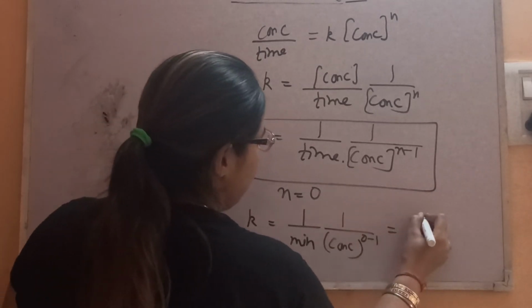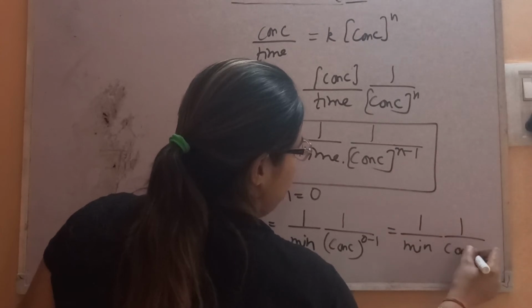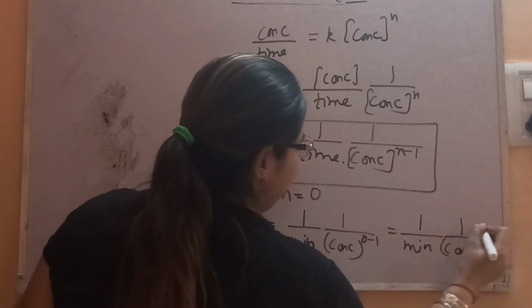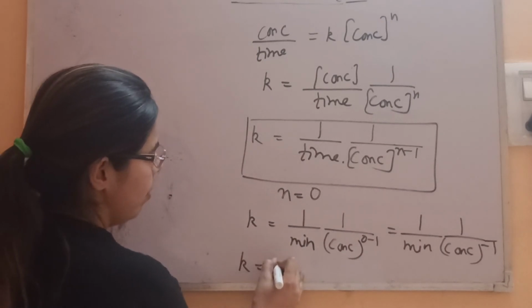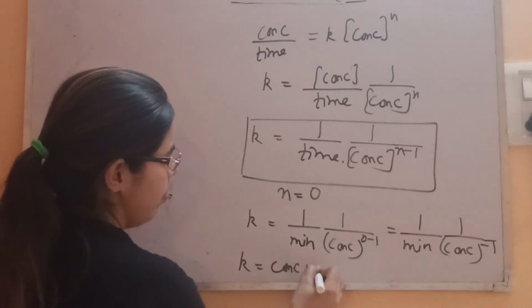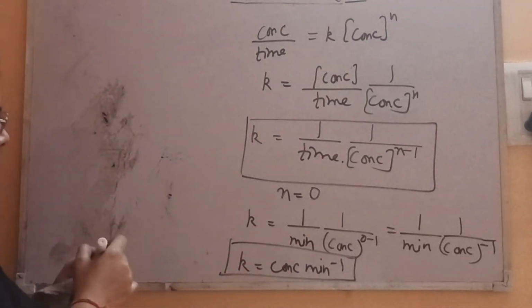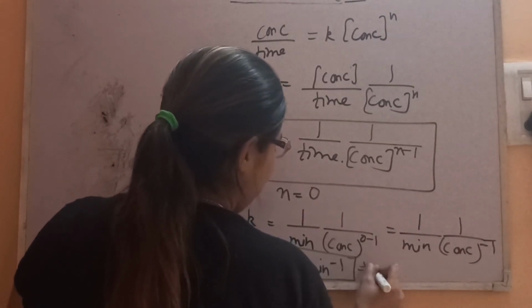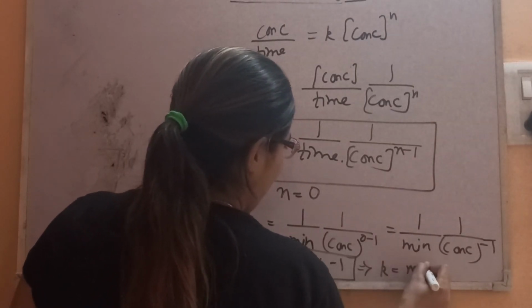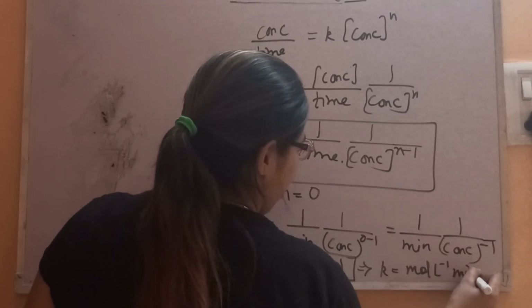So it will be 1 upon minute, concentration to the power minus 1, like this. Fine. So K is equal to concentration per minute. So these are the units for a zero order reaction. Further, if you modify this, concentration is in moles per liter. So K is equal to moles per liter per minute.